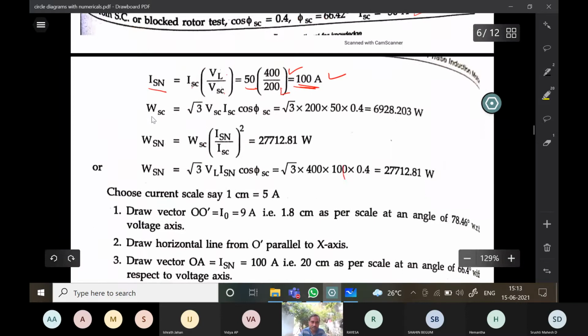Similarly, calculate WSC. WSC is equal to root 3 VSC into ISC into cos phi SC. So root 3 into VSC is 200, ISC is 50, and cos phi SC is 0.4. Calculate it, you will get the short circuit power, 6928.203 watt.